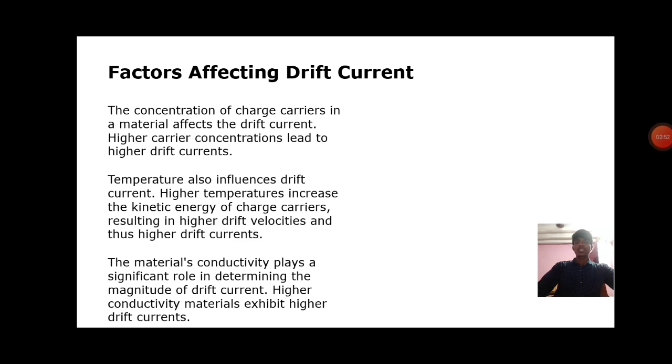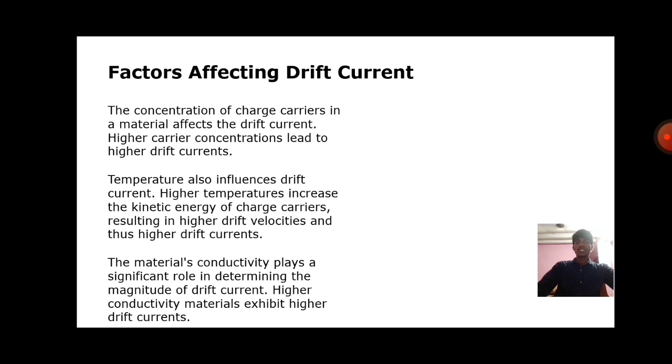Factors affecting drift current. The concentration of charge carriers in a material affects the drift current. Higher carrier concentration leads to higher drift current. Temperature also influences drift current.